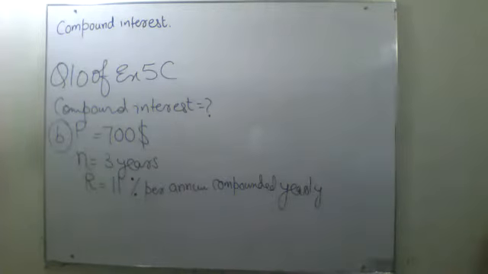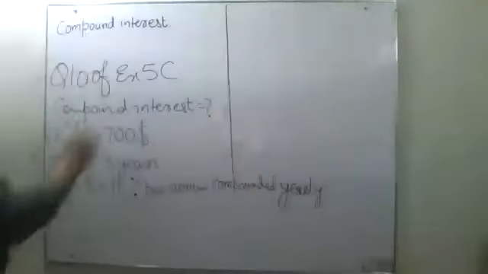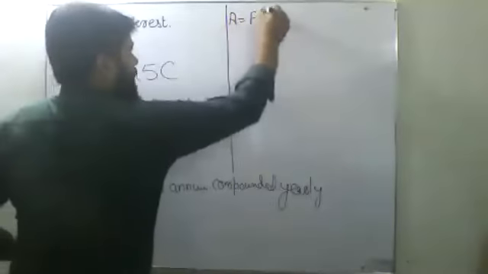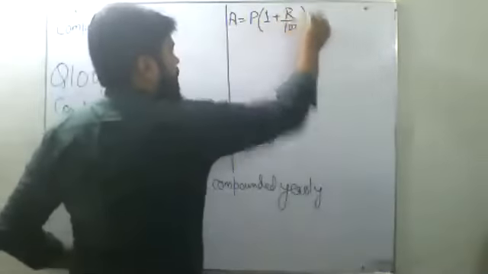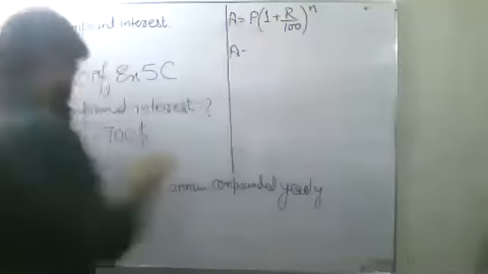Let's take out your calculator. First of all, I'm writing the formula A equals P (1 plus R over 100) whole power n. What was the principal given to me?